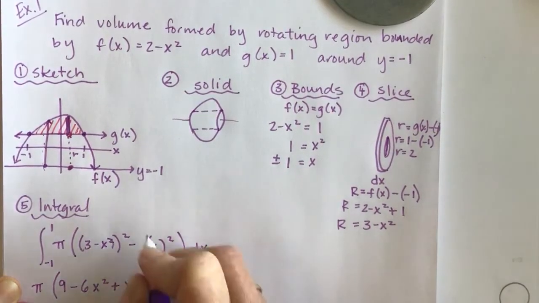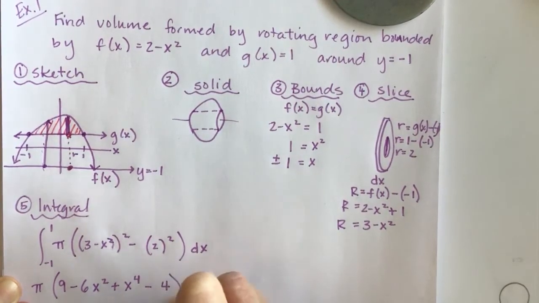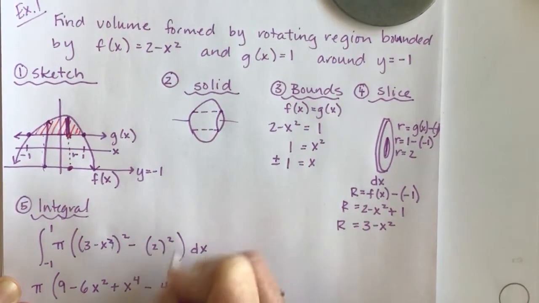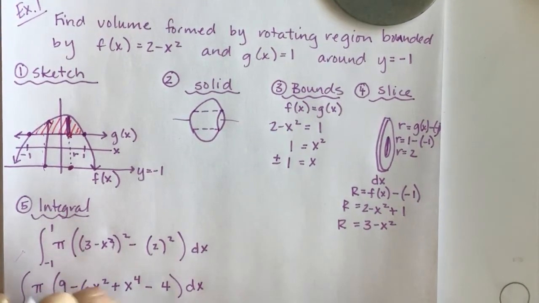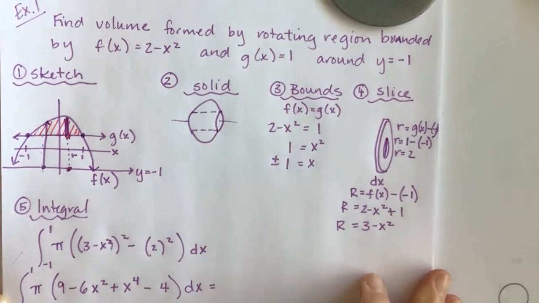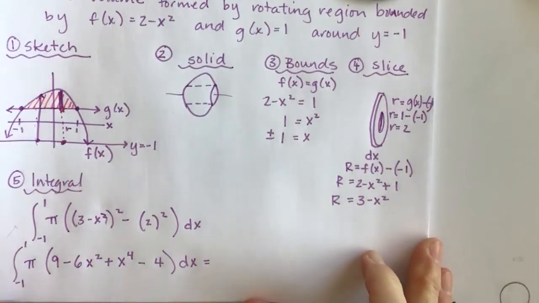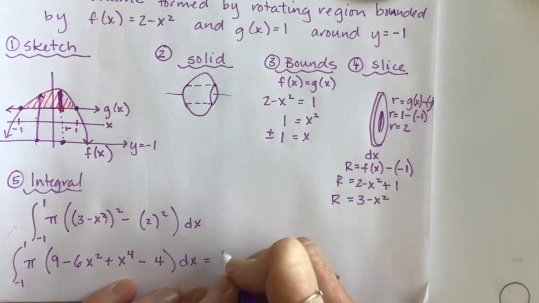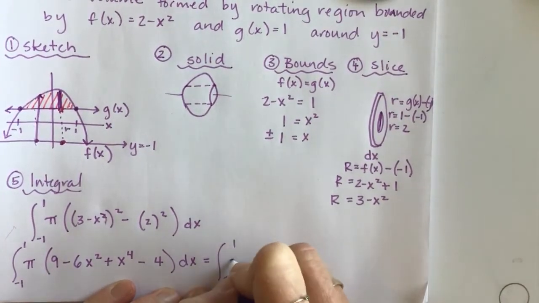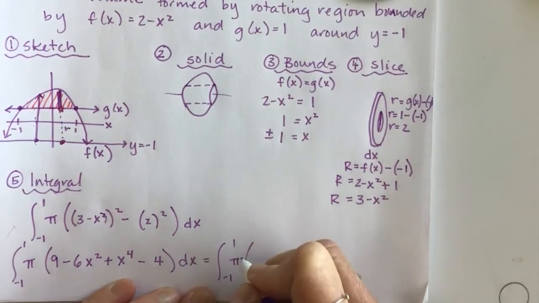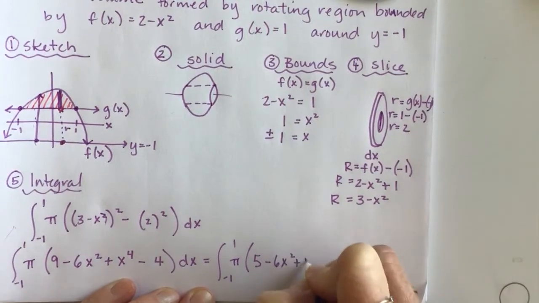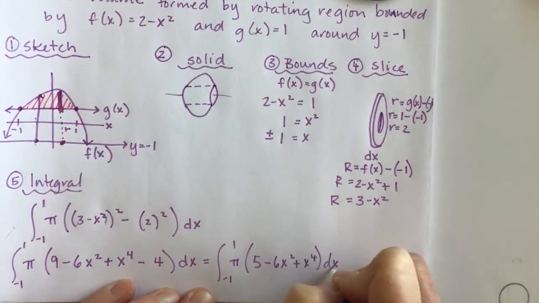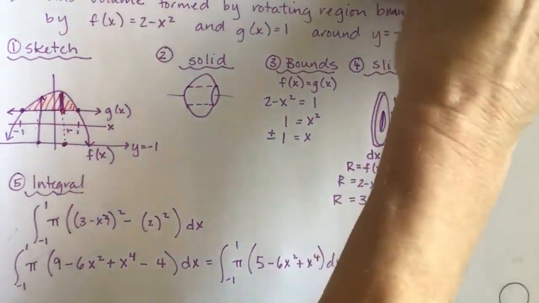Okay, and then minus 4 dx, which is 2 squared. Okay, and we can kind of simplify this a little bit. Okay, so we've got negative 1 to 1 pi, 9 minus 4 is 5, minus 6x squared plus x to the 4th dx. Okay.